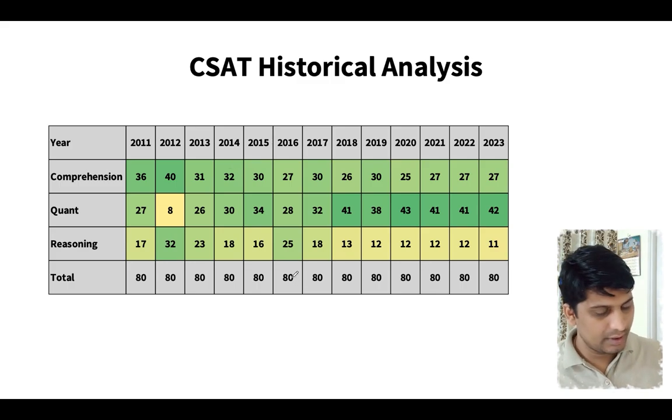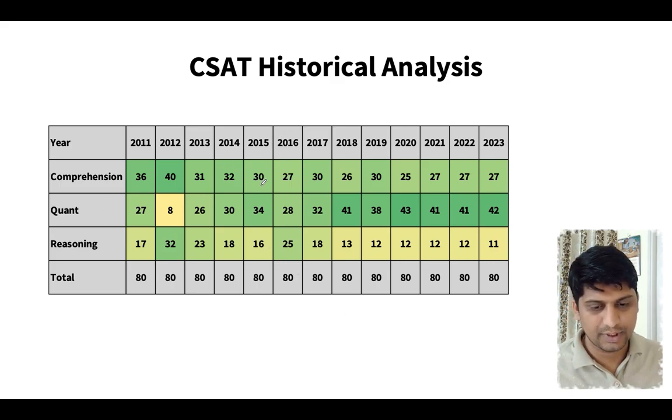If you observe, this has been the historical weightage to all these three groups. Initially it changed a little bit, like sometimes they asked 27 questions from quant, once only 8, once 34. But if you observe 2018 onwards, the pattern has remained somewhat constant.